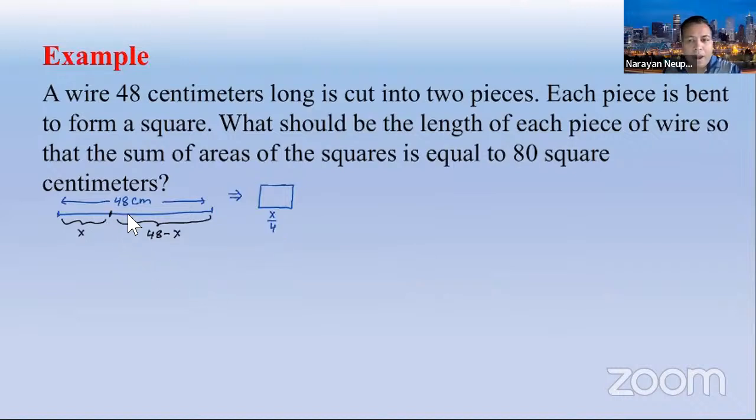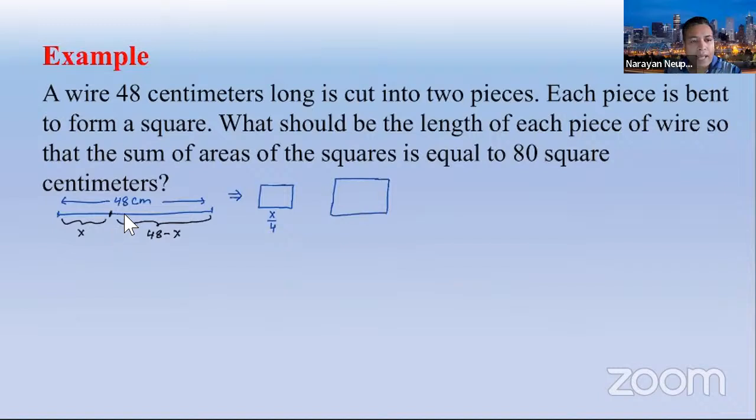Similarly, this second part, look at the screen. The second portion of the wire is this length, which is 48 minus X, the second piece. That is also bent to form the second square. So let's make that a square now. Maybe it is a little bigger square when we look at the figure. Suppose that is the second square.